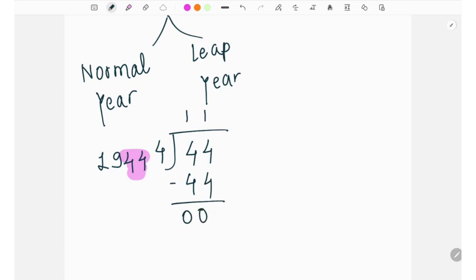It means 44 is completely divisible by 4. So if a given year is completely divisible by 4, then it is called a leap year. If a given year is not divisible by 4, then that year is not a leap year, it's a normal year.